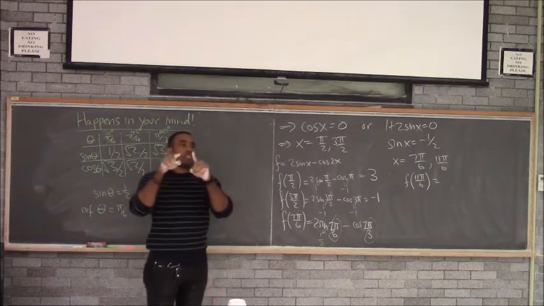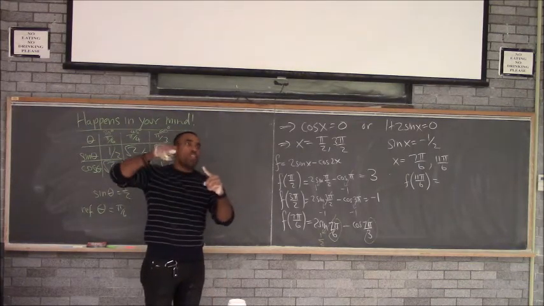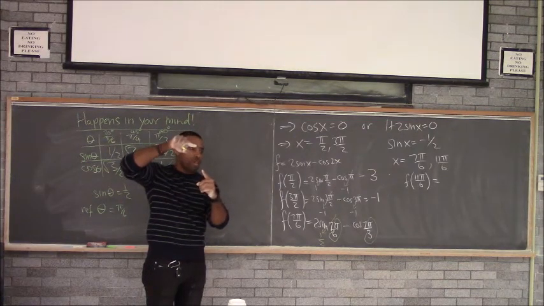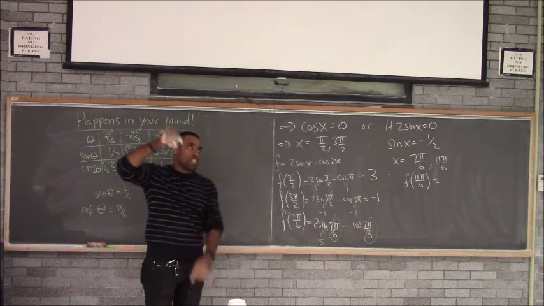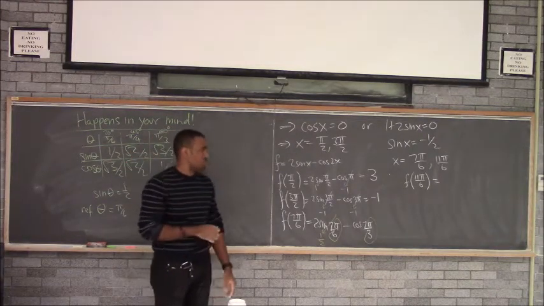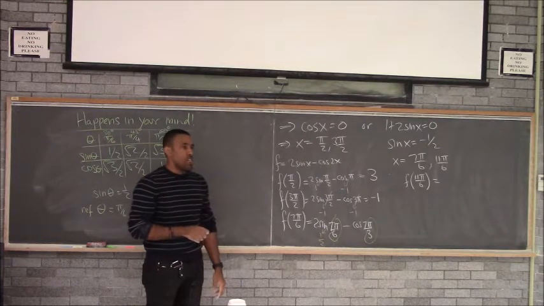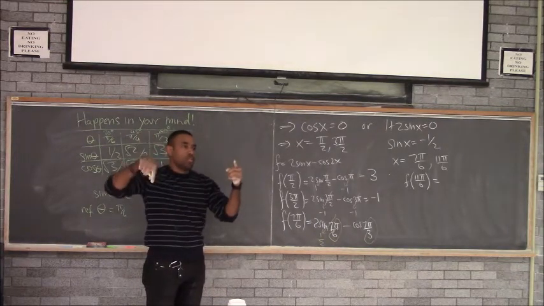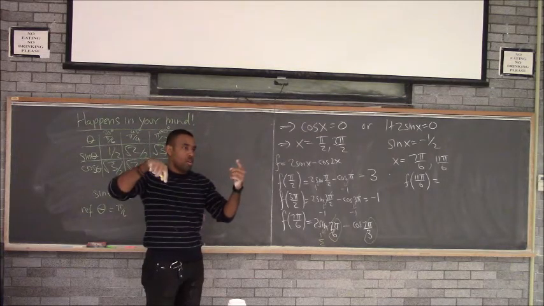7 pi over 3. So go all the way around, that's 6 pi over 3, and then 1 more is 7 pi over 3. So 7 pi over 3 is going to give you exactly the same answer as positive pi over 3. Sorry, I thought that was it. And cosine of positive pi over 3 from the table is also 1/2, right?